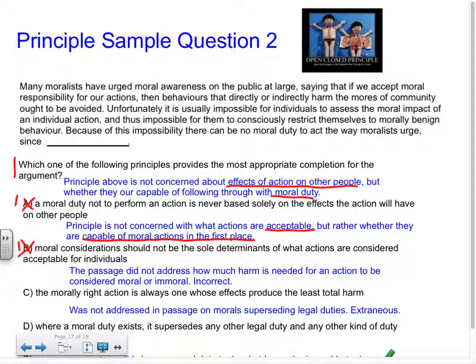C says the morally right action is always one whose effects produce the least total harm. So again, the passage did not address how much harm is needed for an action to be considered moral or immoral. So C is also incorrect, and we can get rid of C. I'm just going to take a second to move D up so we can read it.